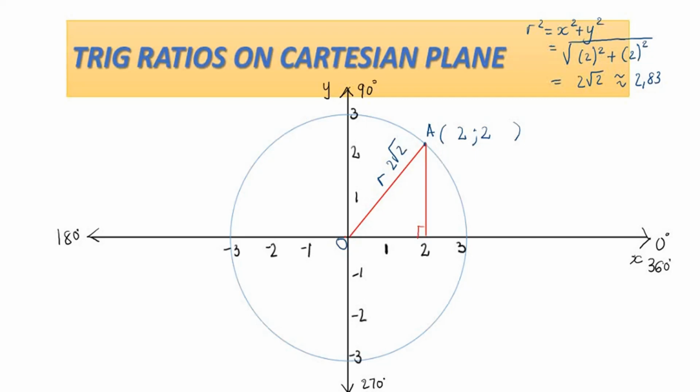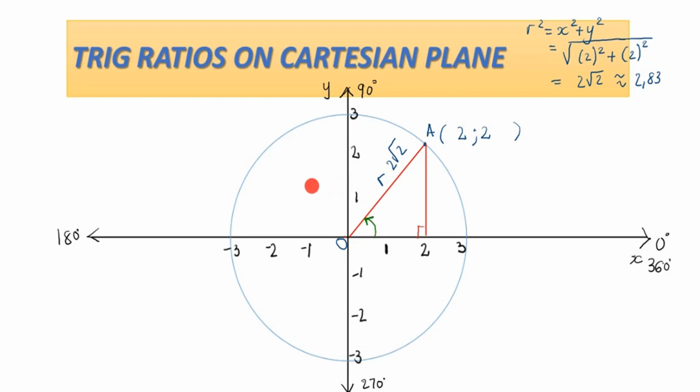Guys, what we see now is that when we are working with trig ratios on our Cartesian plane, the trig ratios will be defined in terms of x and y. For example, if we call this our angle theta, you also need to remember that when you're dealing with positive angles, you always move in an anti-clockwise direction from the positive x-axis.